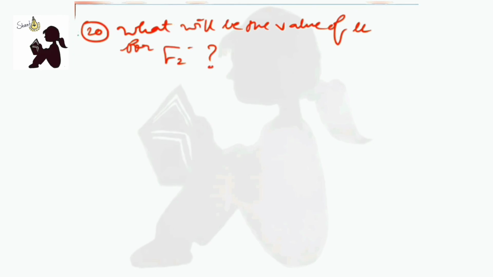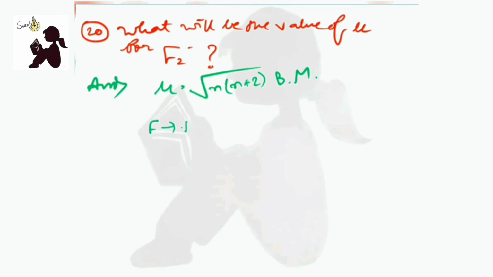Then for question number 20, what we can get here is, what will be the mu value of F2 minus. Now you have to know the formula for mu, that is mu equal to root over n into n plus 2 Bohr magneton. Okay, so for fluorine, write its electronic configuration, that will be 1s2 2s2 2p5, right?